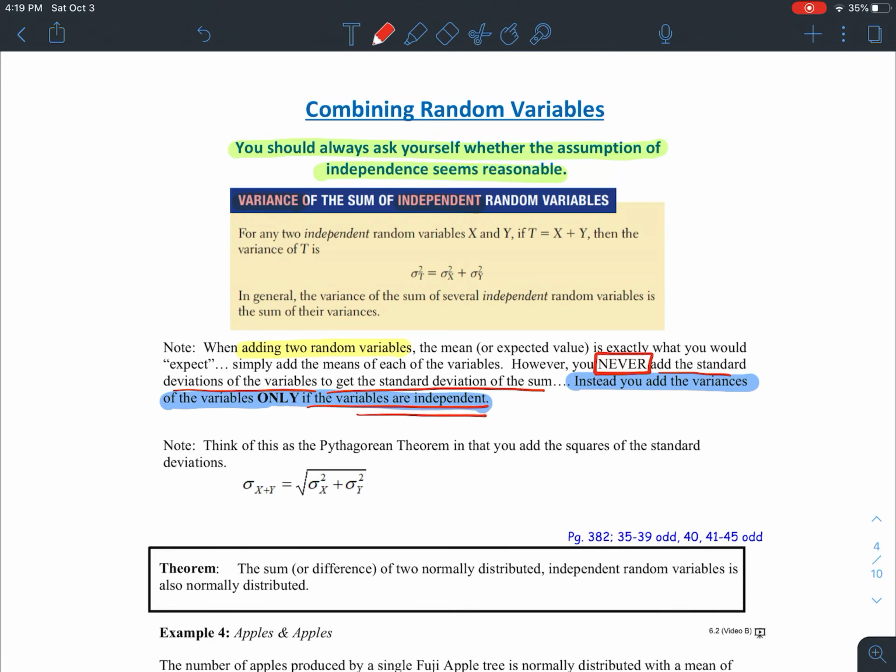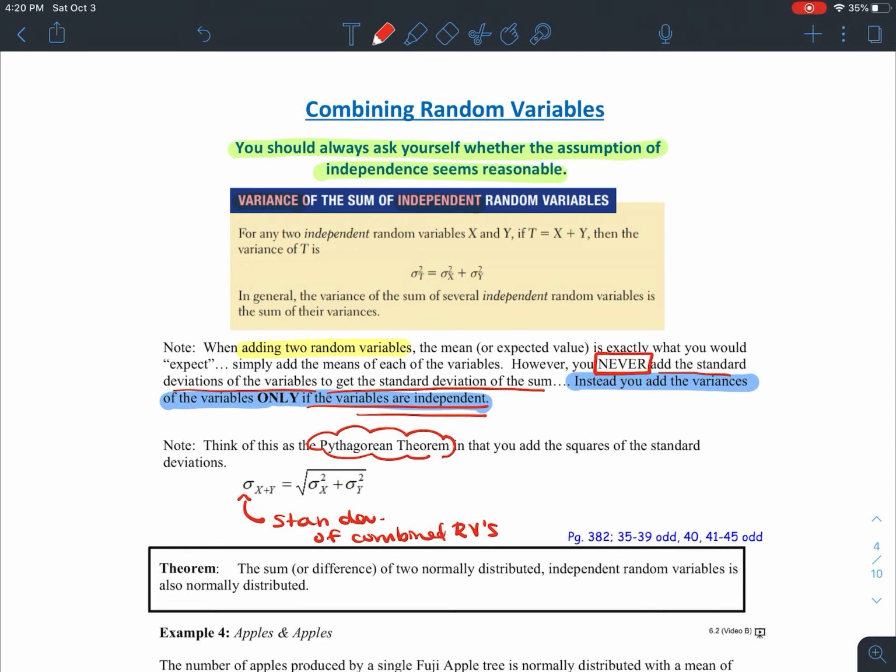Okay, instead, you should be adding the variances of your variables, again, only if those variables are independent. Okay, so you're going to kind of use the variance almost as a stepping stone to help you get what the standard deviation would be of the combined random variables.